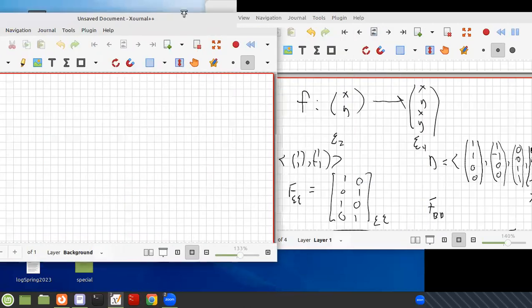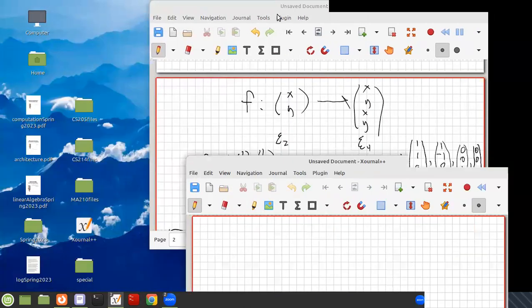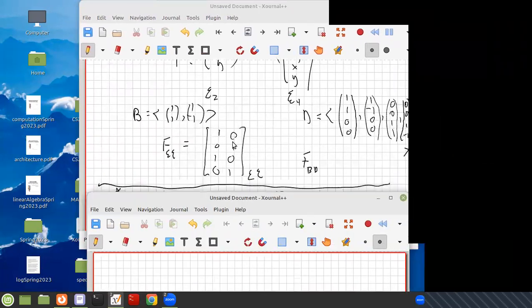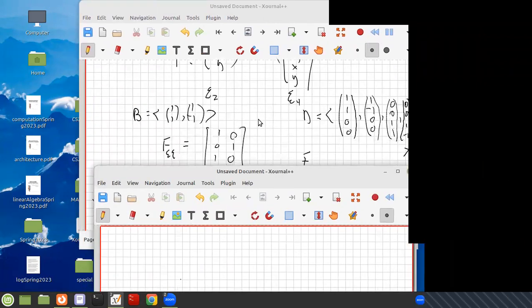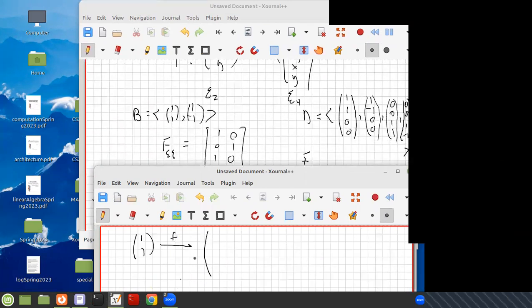Okay, so I'm going to come over here. And we can do it just the normal way, right? We can just say, well, we want to do the map of F from B to D. So we take the image of 1, 1 under F, which over here is going to be 1, 0, 1, 0, right?